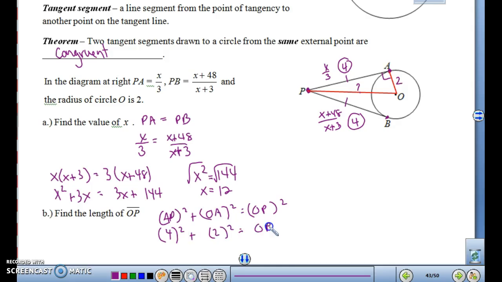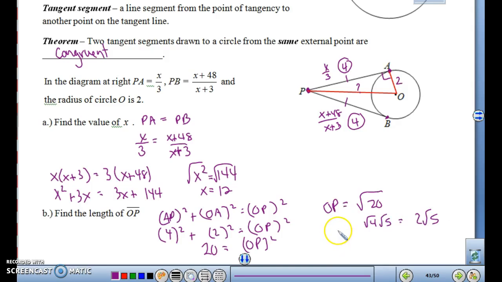And we're looking for OP squared. Or just we're looking for OP, but we'll find it. So this is 16 plus 4 is 20 equals OP squared. So that means that OP is equal to the square root of 20. Now, if you simplified that, it would be 4 times 5, which is 2 times the square root of 5. So you should be able to recognize both of these. So the length of OP is the square root of 20.